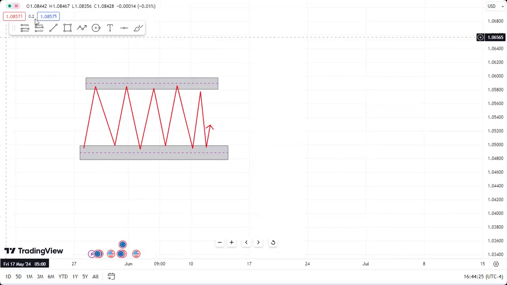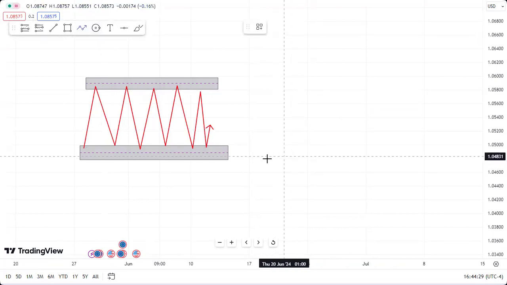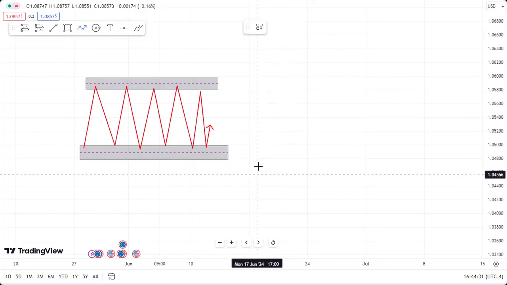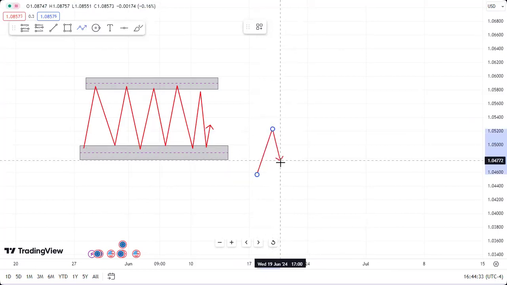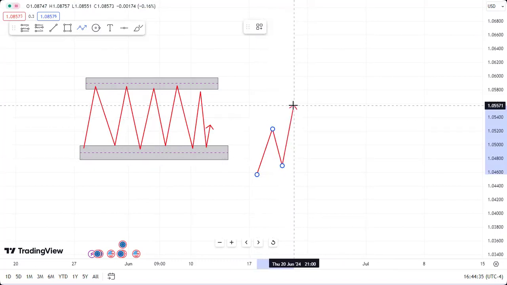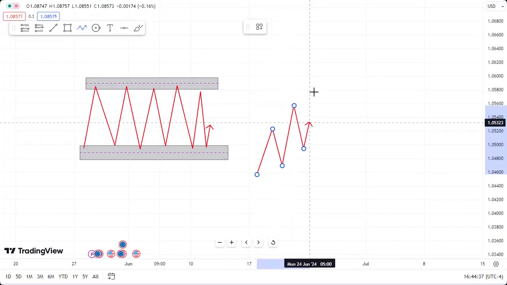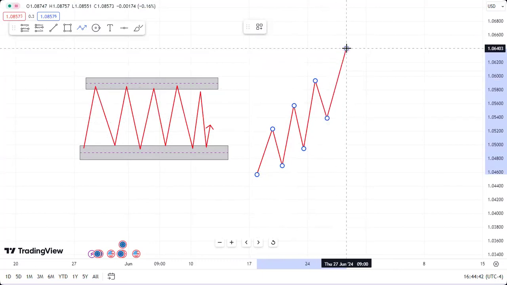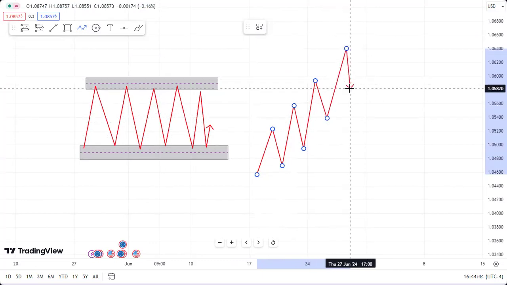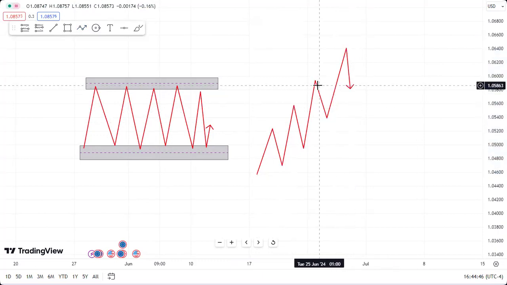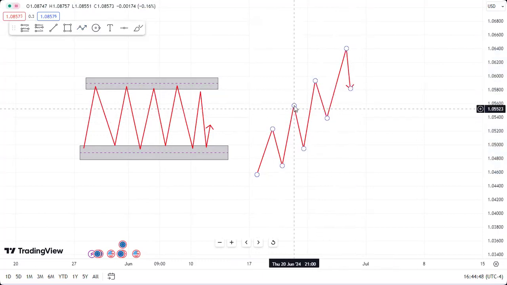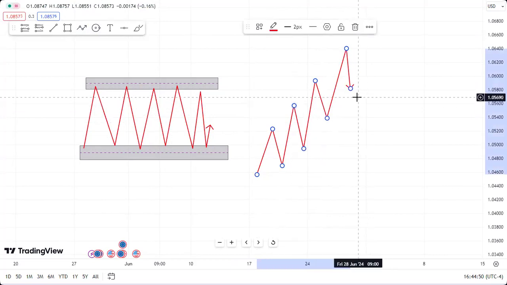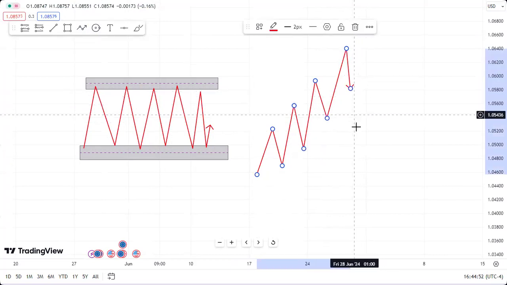The next type of trend we have is an uptrend. It moves like this, giving us higher highs, higher lows, higher highs, higher lows. This type of trend is called an uptrend, moving in the upward direction.